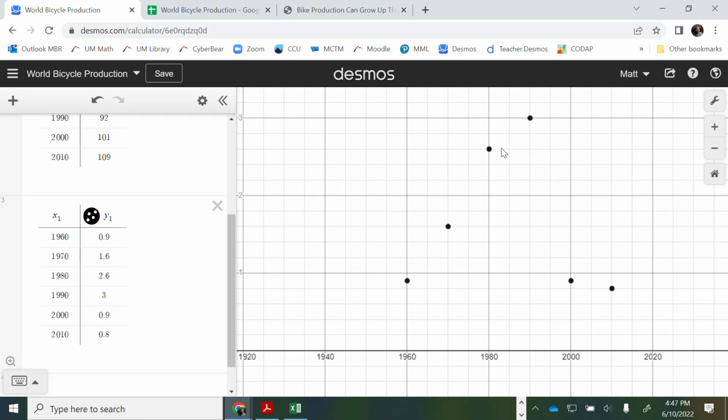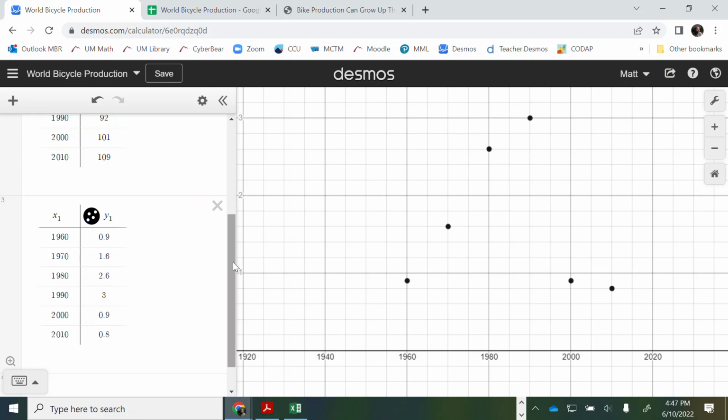Boy, it just goes way up and then crashes and comes back down, right? So that's a picture of my first derivative, the rate of change per year of bikes being sold in the world in 1960, 70, 80, 90, 2000, and 2010. So we can see that we have some sort of function that's definitely peaking and then dropping off.